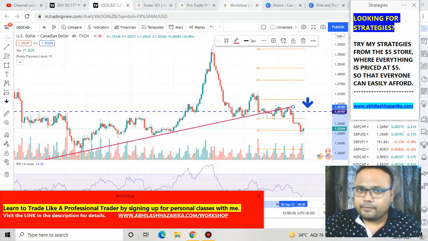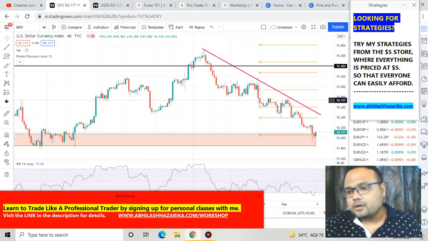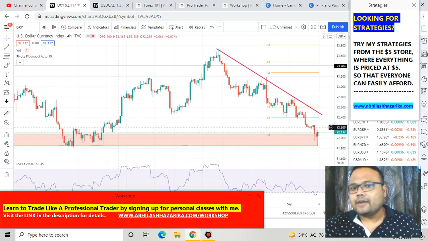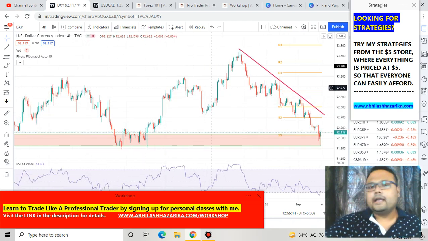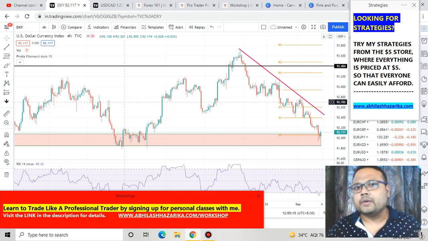After the NFP report failed to meet the forecast, the dollar witnessed heavy selling pressure from above. This is the chart of DXY, and the US dollar is bearish right now, under the heavy dominance of sellers.